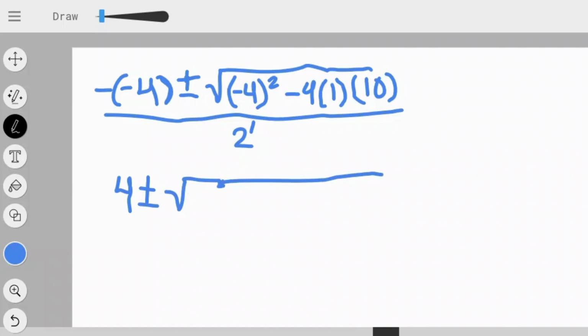So negative 4 squared is actually going to give us 16. Let me write the sign this time. And then negative 4 times 1 is negative 4 times 10. Well, actually, no. But yes. That's going to give us negative 40.